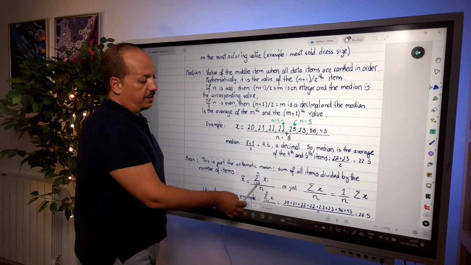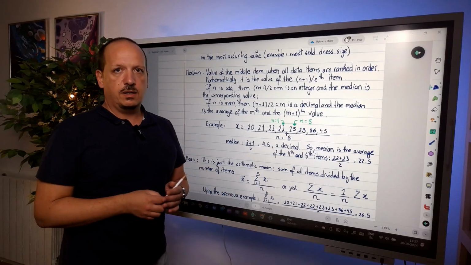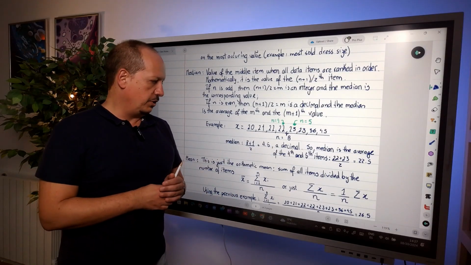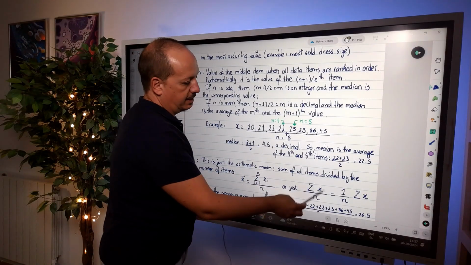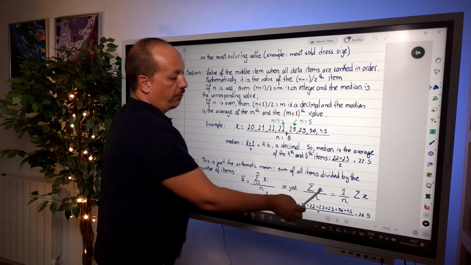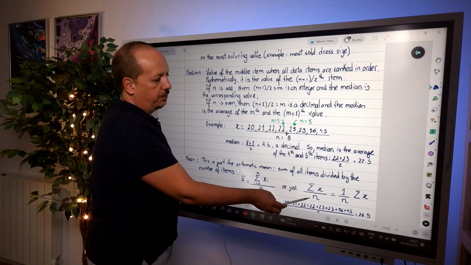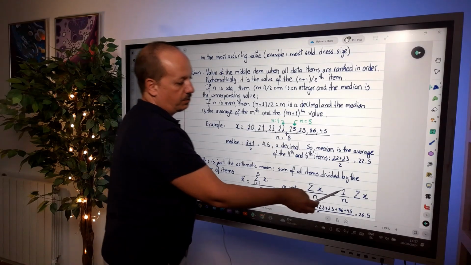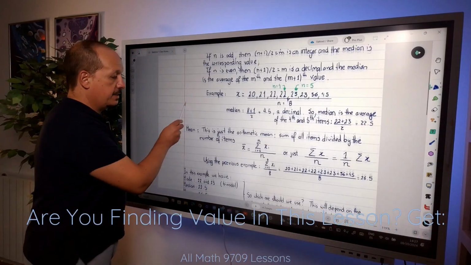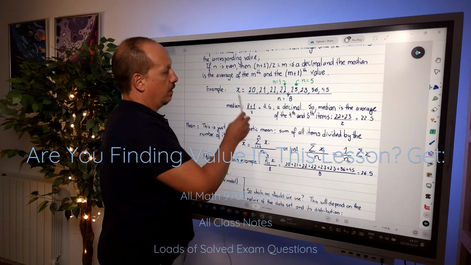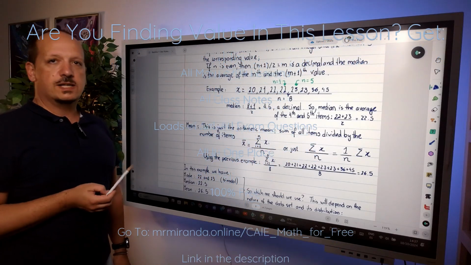This is not how it is shown on the MF19, the MF19 being the formula sheet that you will have on your exam. One of the ways that it is represented for ungrouped data is like this. So the sum of all individual data items divided by the total number of data items, or just like this. This is the same mathematically speaking. So in this case, if you add all of these and divide by 8, you have a mean of 26.5.